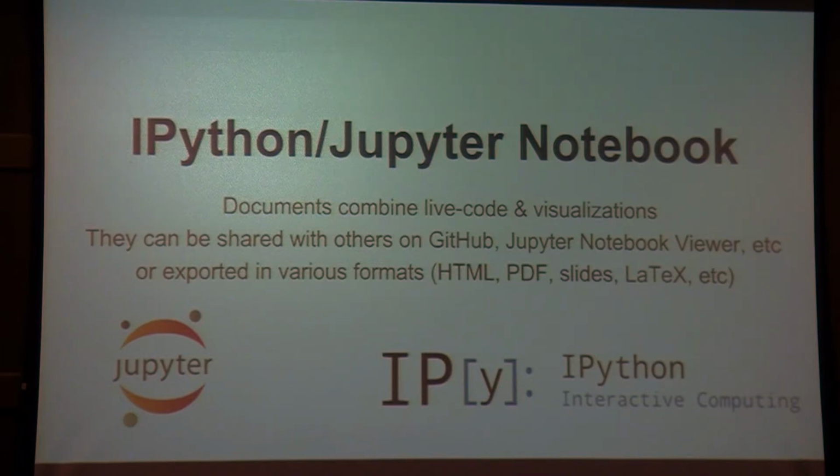What happened recently is that out of the ipython notebook, a new project started, called the Jupyter notebook. The idea was to extrapolate all the things of the notebook that are language agnostic, so that any other language could take advantage of this powerful notebook.